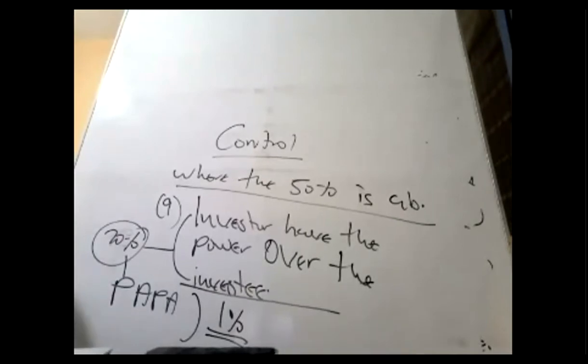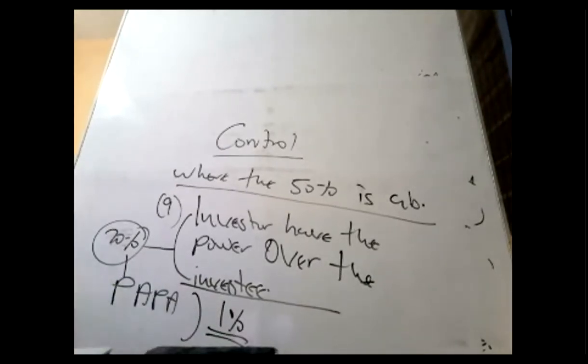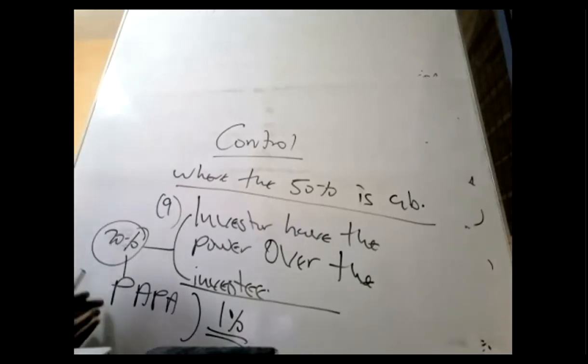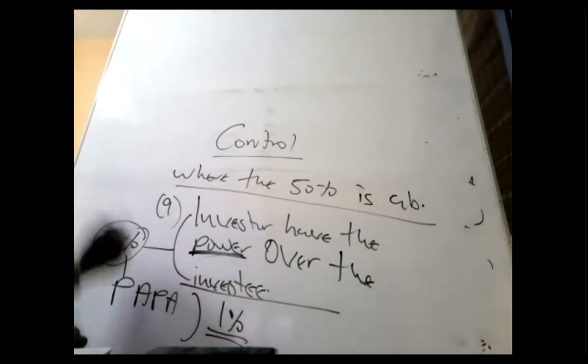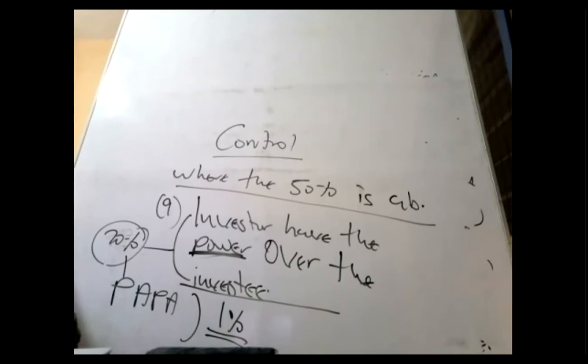Then indirectly, I can count myself the head of the board, because I have 20%, and the rest of you have not even up to 1% individually. So if I can team up and organize a few of you, come and join me, so we can change things. Do you get it? So this is when the investor has power over the entity, basically.